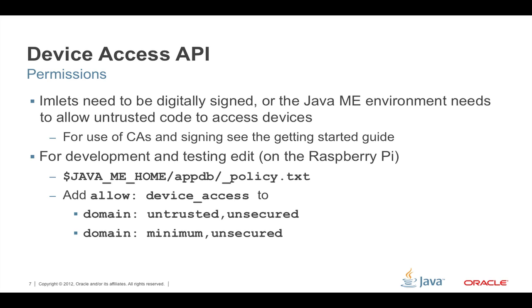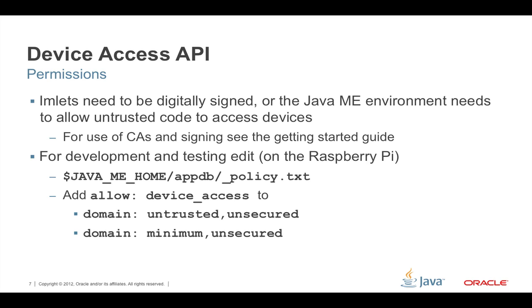The second way to do it is to allow any untrusted emulator to access the devices on the Raspberry Pi. This is fine if you're doing development testing because you're not working in a deployed application, so you understand what's going on. From a development testing point of view, what you need to do is change the policy.txt file in the appdb directory of the Java ME home installation.